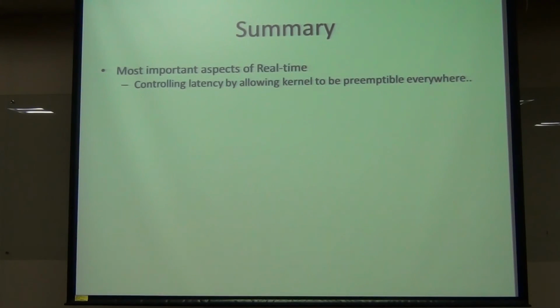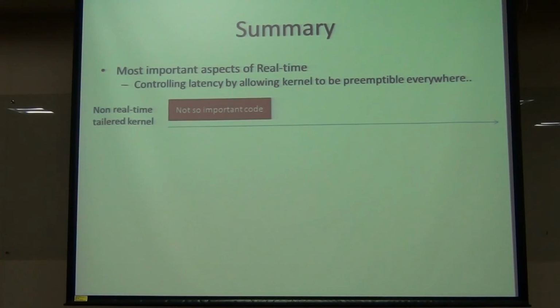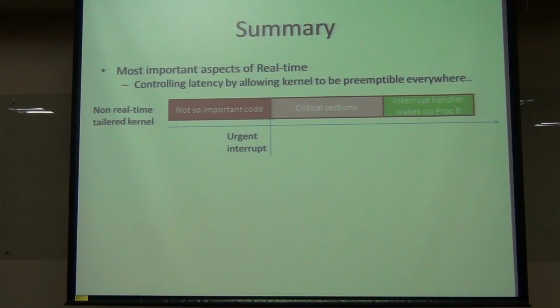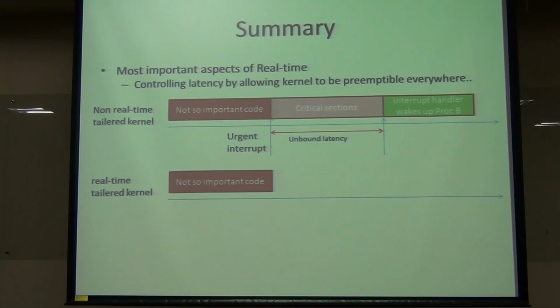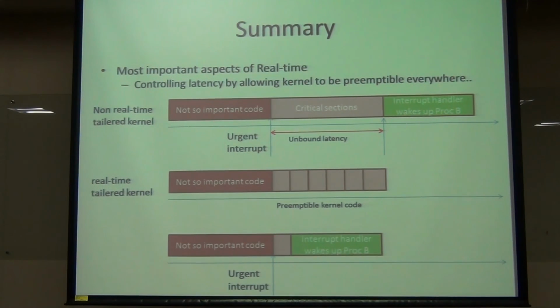So the summary. Most important in real time is to try to make sure of this. Say this is your kernel before the preemption patch is applied: everything is just a big chunk. After the effort of this real-time patch set, you make your critical sections smaller, so that at any given time, if an interrupt comes, the corresponding interrupt handler can be scheduled instead of waiting for a long, unbounded latency.